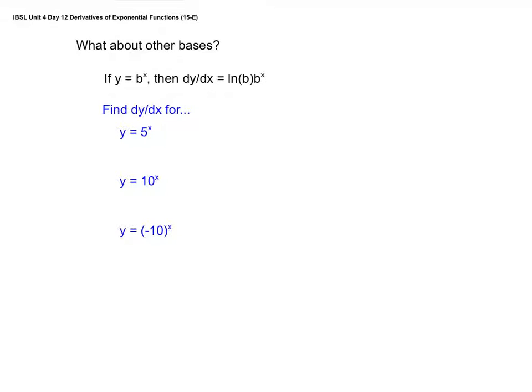All right. If I have a different base, basically what I can do is use the change of base formula. Notice here, if I have y equals b to the x, then our derivative is going to be the natural log of the original base times b to the x.